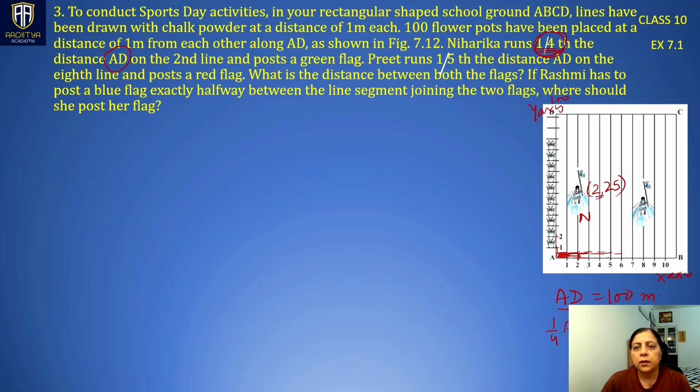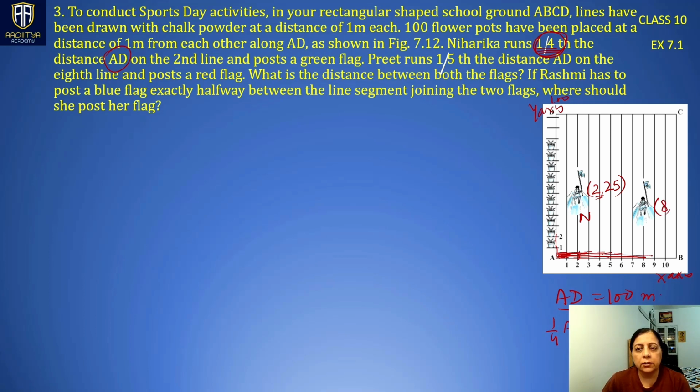Next he says, Preet runs 1/5 the distance AD on the 8th line. Now 8th line means on the horizontal axis. Preet is running on the 8th line. So she is having x coordinate as 8.